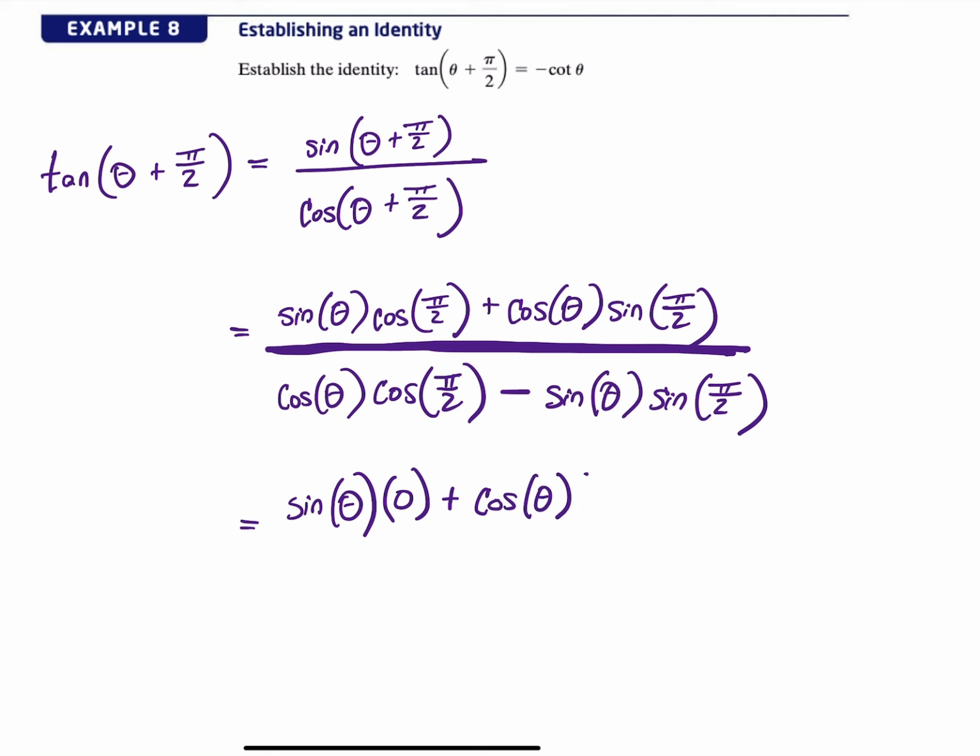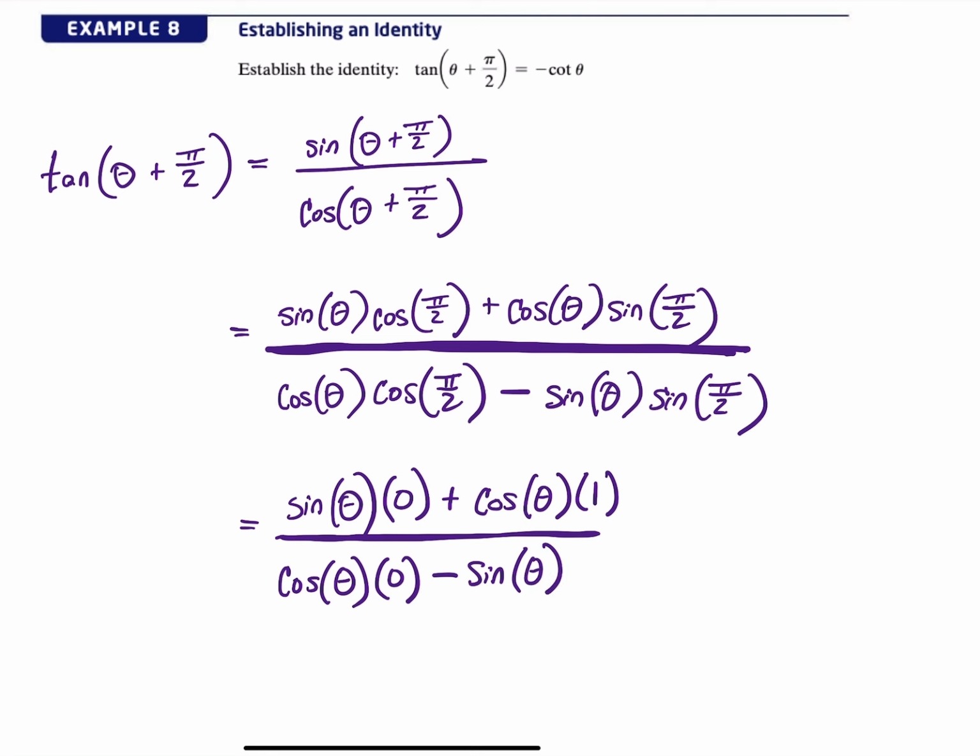Sine of pi over 2 is positive 1. And this is over the cosine of theta times the cosine of pi over 2. That will again be 0. Minus the sine of theta times, again, the sine of pi over 2, which is still positive 1.